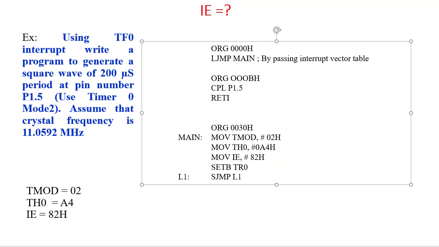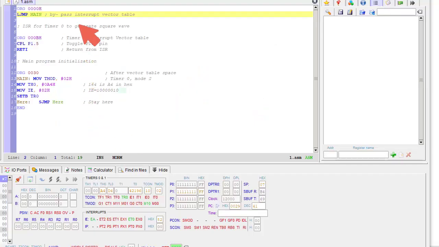I am running this program and showing it. This same program which I have just explained, I will check P1.5. Here this is the P1 port, these are different bits. So 1.5, this one is 1.5, so we will check this bit.